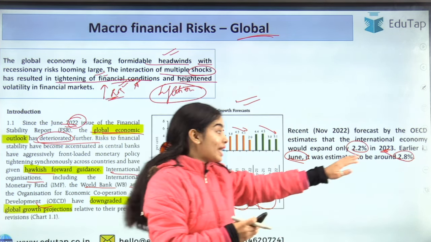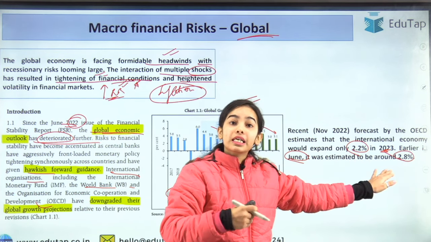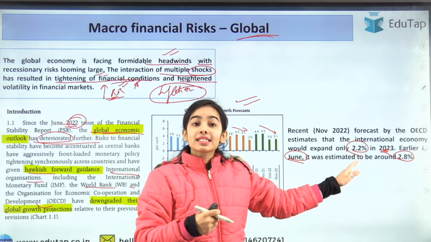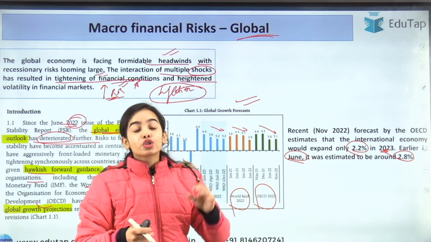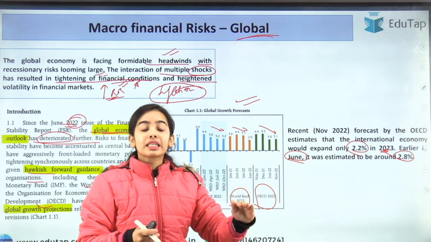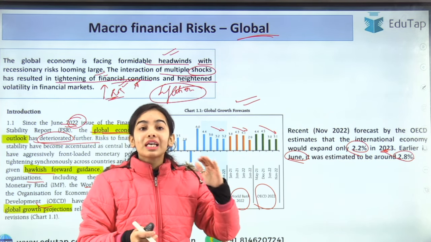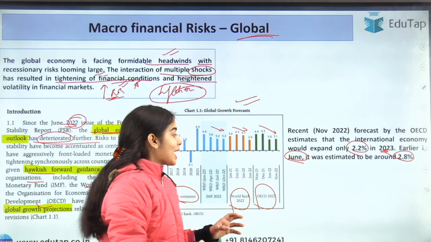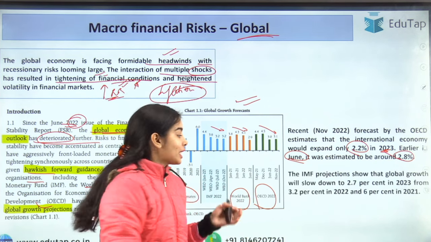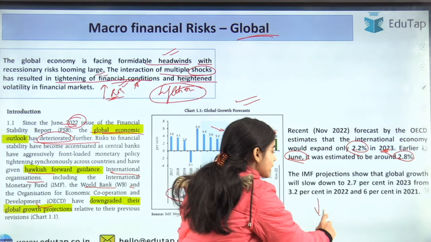So 2.8 was low enough, but they have further decreased it to 2.2%, and they are saying that it can go down further. You can understand how low they are projecting global growth. The IMF has also decreased the projection for growth in 2023 and 2022. Now we have seen the global economy.